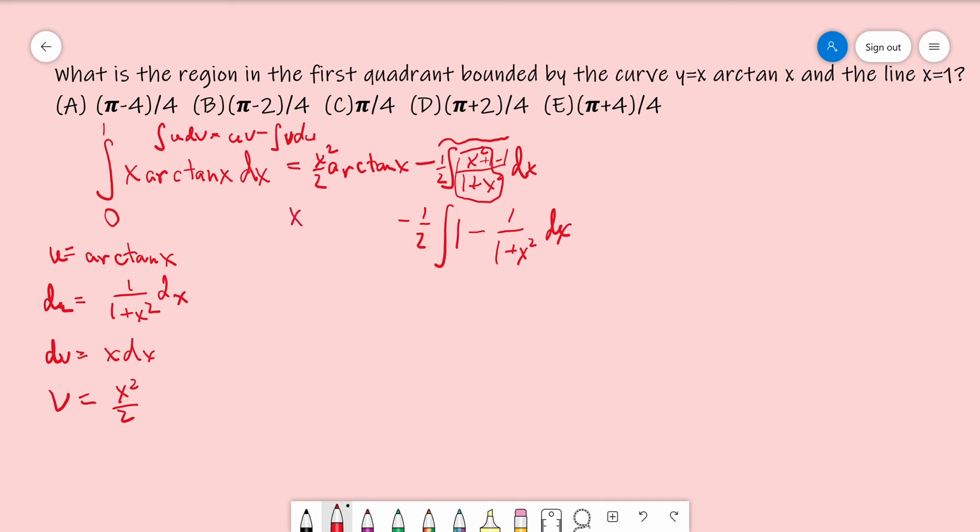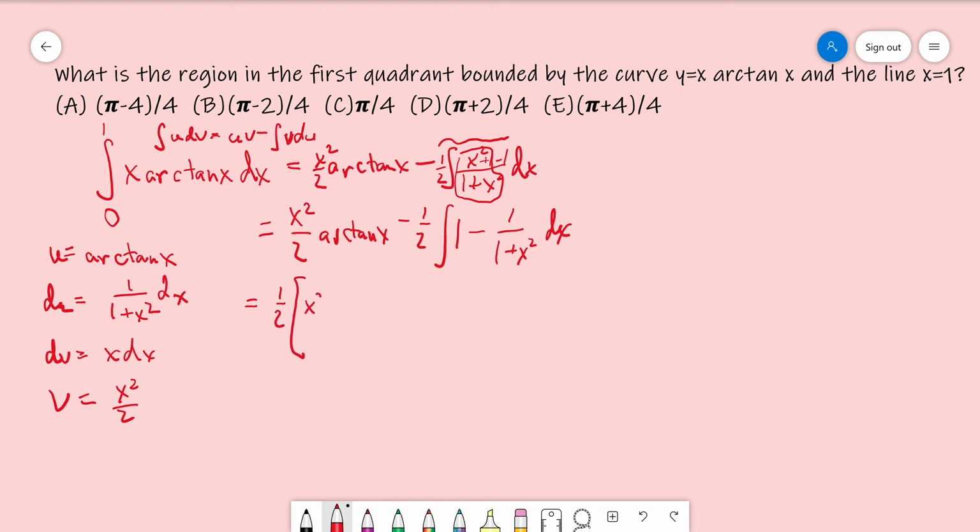Okay, so I'll just write this out. x squared over 2 arctan x. Alright, so what we're going to get is, maybe we can factor out the 1/2 all the way in front.